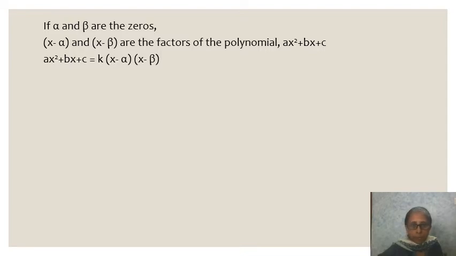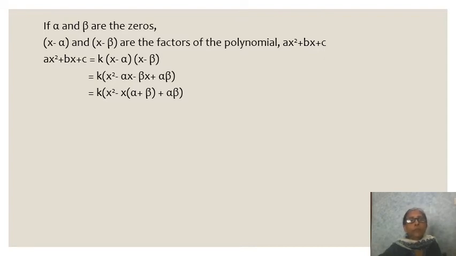Okay. Now see, this can be written as k into x square minus alpha x minus beta x plus alpha beta by opening the brackets. You are multiplying the terms in it, and now taking x as the common factor for alpha x and beta x, you can write it as k into x square minus x into alpha plus beta plus alpha beta.